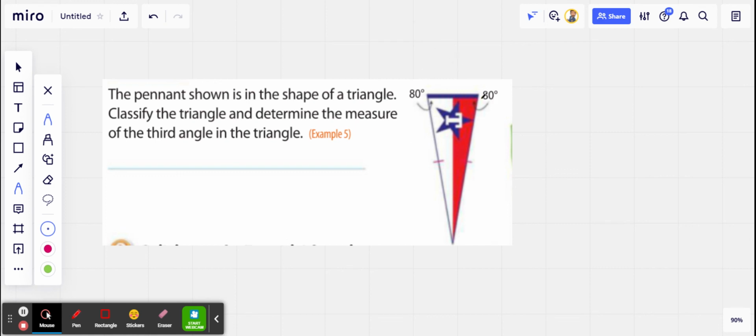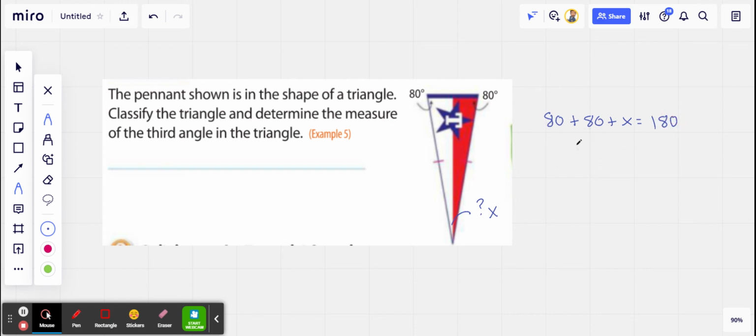Well, we know 80 and 80, but we don't know what this angle is, and we're going to call that x. So we know 80 plus 80 plus x equals 180.